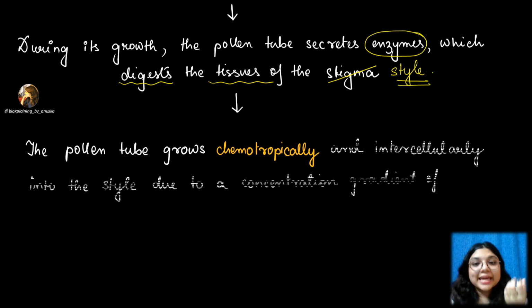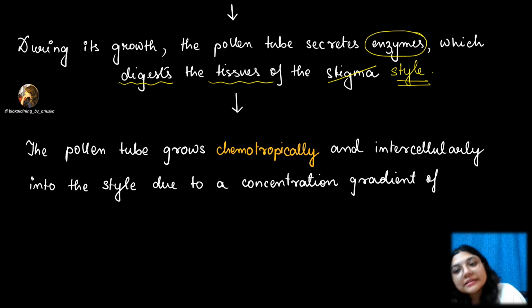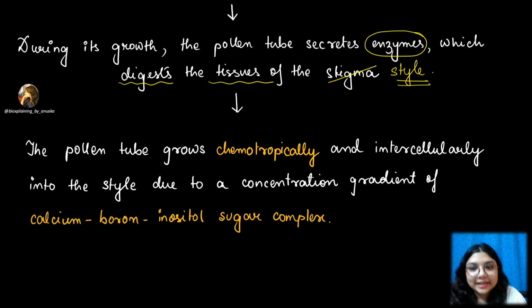So it grows chemotropically and intercellularly into the style due to a concentration gradient of calcium boron inositol sugar complex. We just said, oh, there's a chemical interaction, a dialogue that happens at the stigma. So this kind of a chemical interaction keeps on happening.